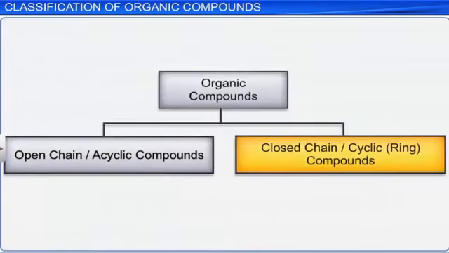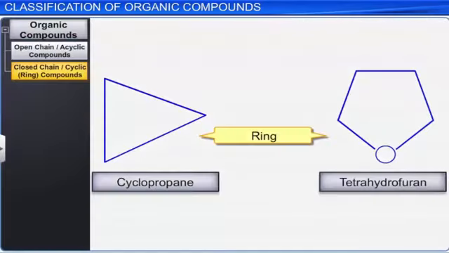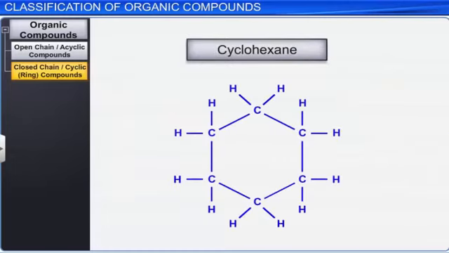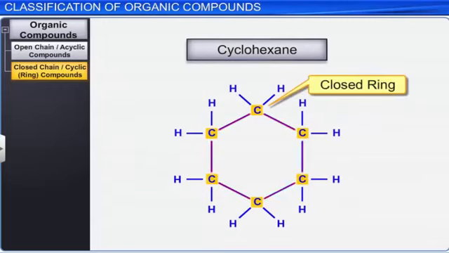In a cyclic or ring or closed chain compound, the carbon atom and any other atom, if any, are joined together to form a closed ring. For example, in cyclohexane, 6 carbon atoms join together and form a closed ring.